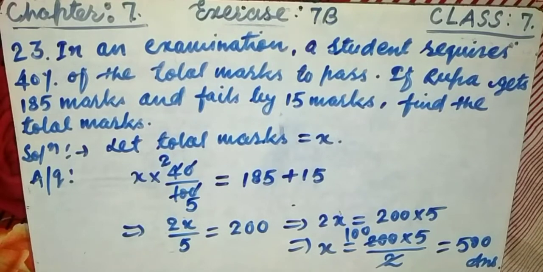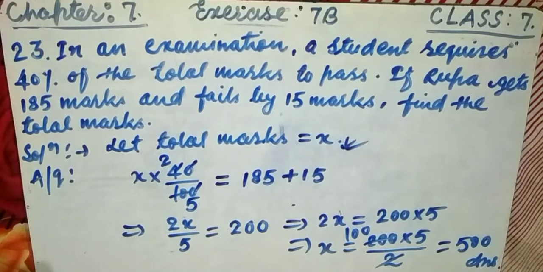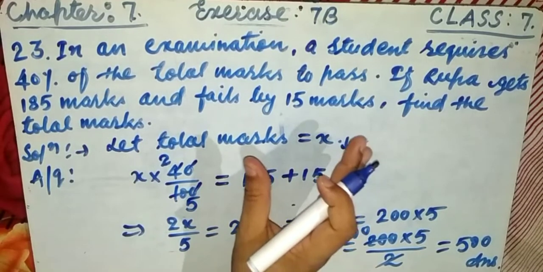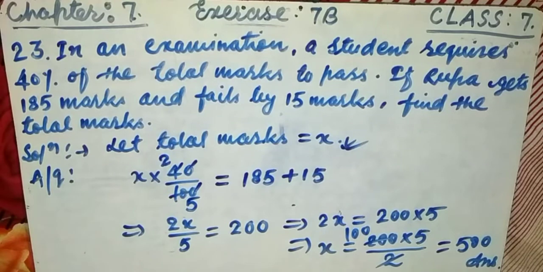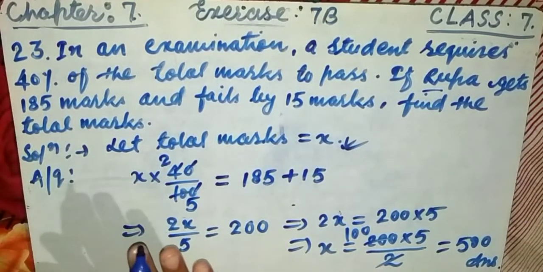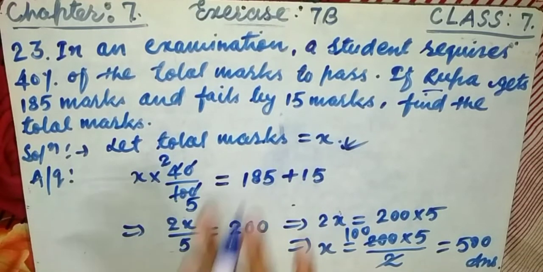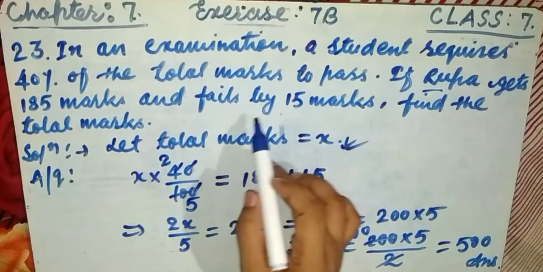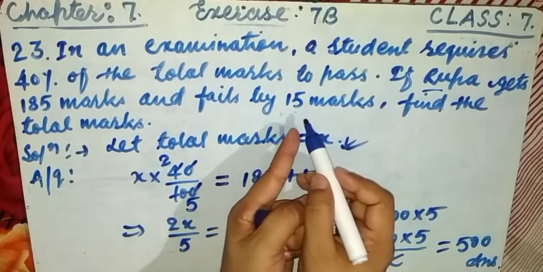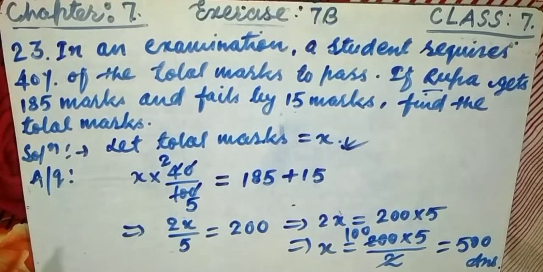Suppose the total marks is X. Now 40% of this total means the pass marks, that is the requirement of the student. Here one candidate is Rupa, and Rupa got 185 marks, which means she failed, she fails by 15 marks. If we add this 15 to 185, it means the pass marks.